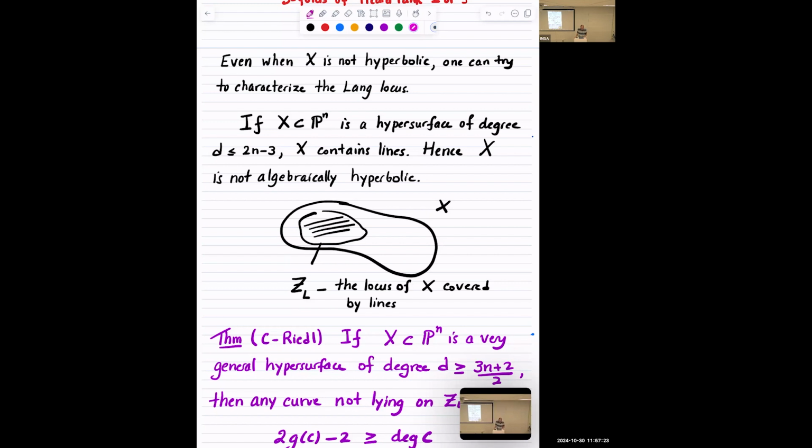Here is what we can say. Let me take my X, and let me look at the part of X that's covered by lines.